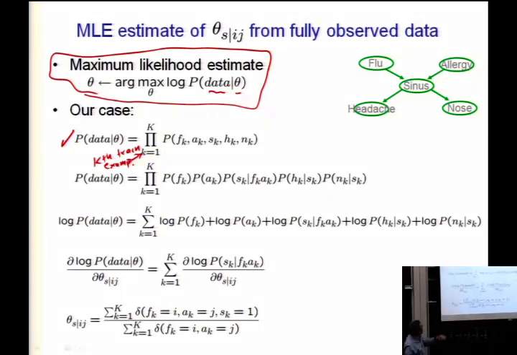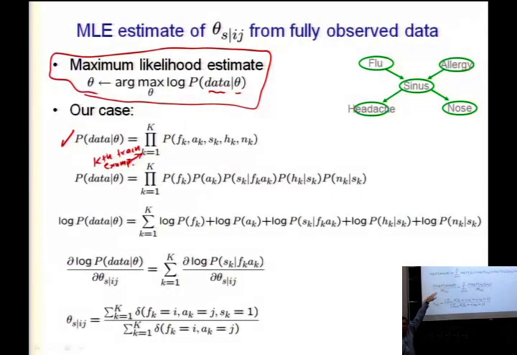And so now when we want to maximize this, we use our standard method of let's take the derivative and set it to 0. Well, when we take the derivative with respect to, let's say, this one parameter we just talked about, the particular theta out of this entire vector, the particular theta where S equals 1 and the parents take on the value I and J, well, the derivative of this first term with respect to that parameter is 0.